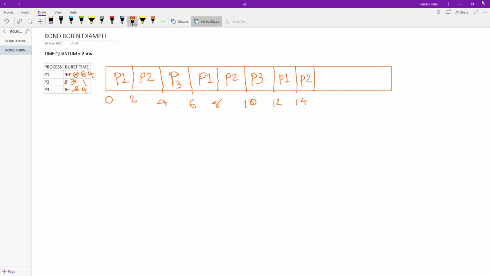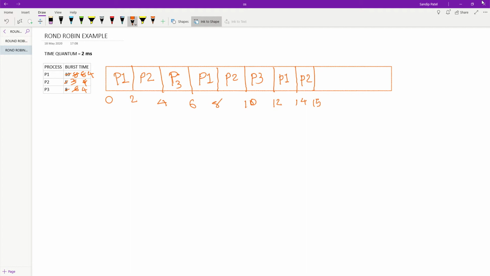So after completing the 1 millisecond, automatically it terminates and it will swap out, or it will leave the CPU after completion. So it is completed, so no need of a next cycle for P2.